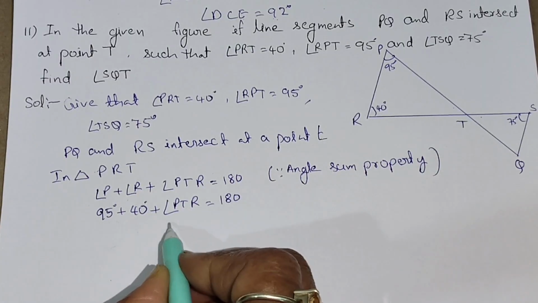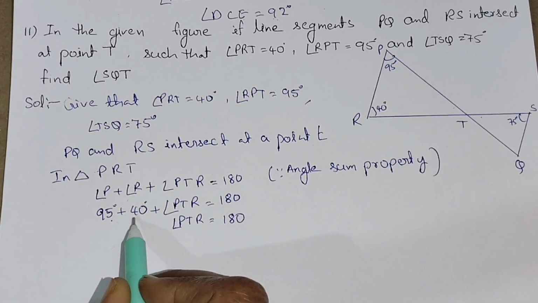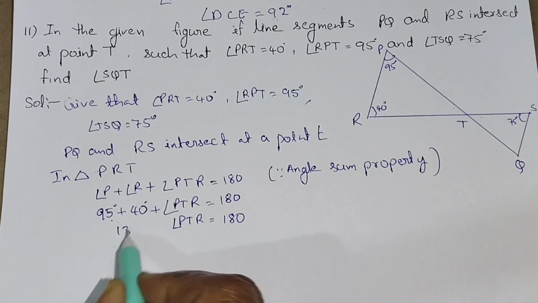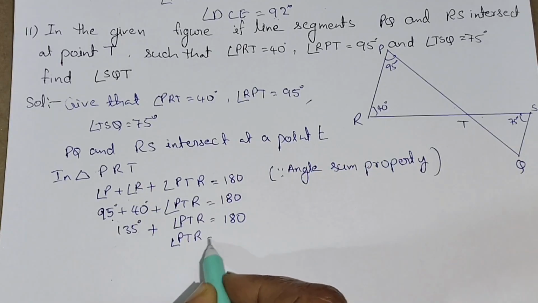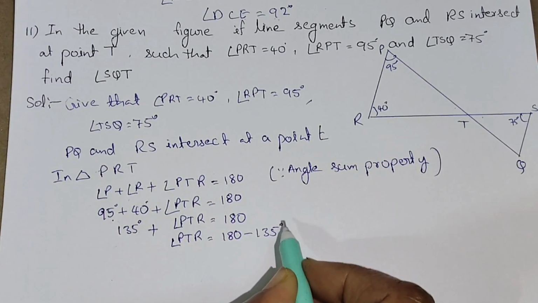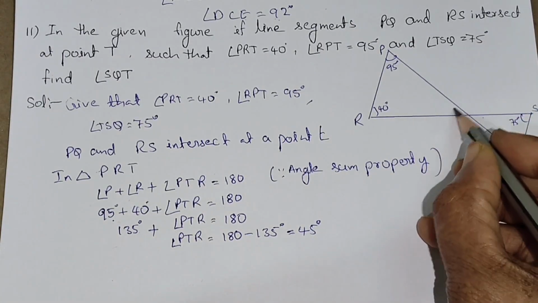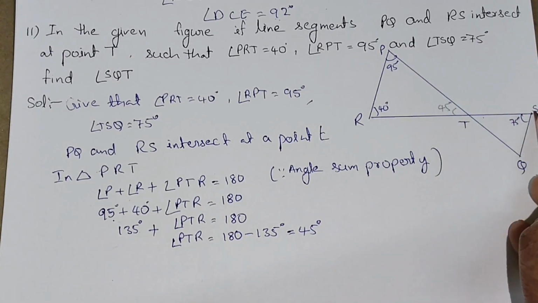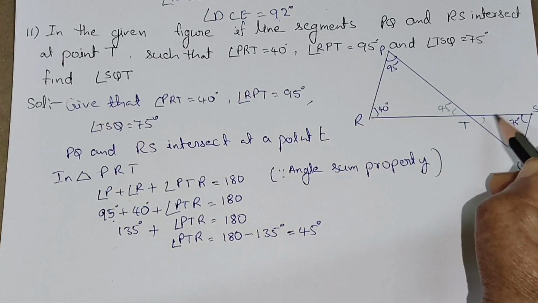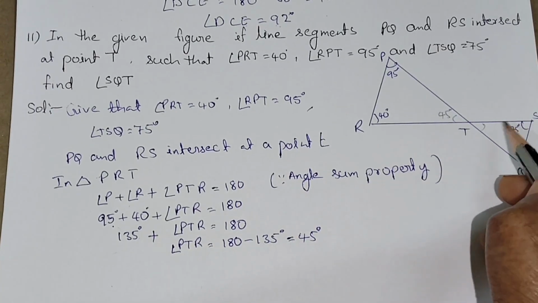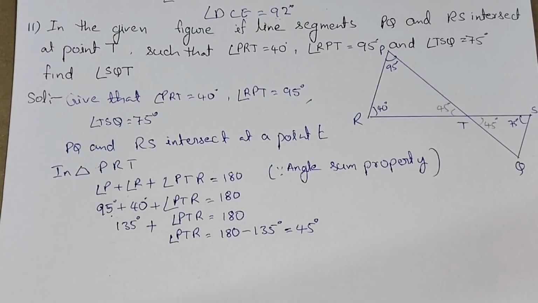So PTR equals 180 minus, 95 plus 40 is 135, so PTR equals 180 minus 135, which is 45 degrees. This angle is 45 degrees. PQ and RS are intersecting at a point T, so this one is vertically opposite. These two are the intersecting angles, here also 45 degrees.